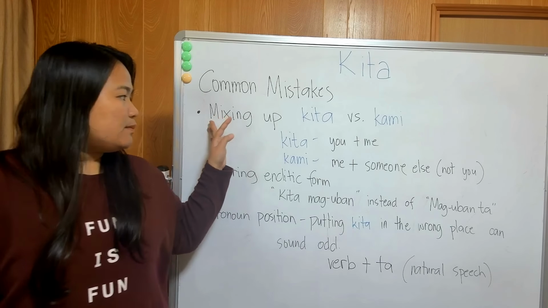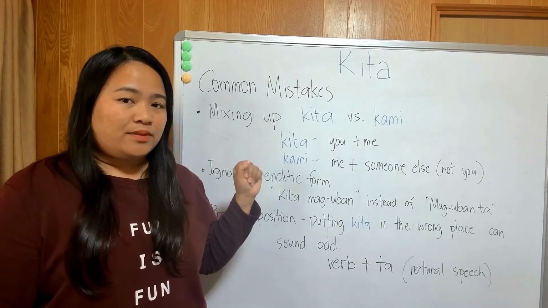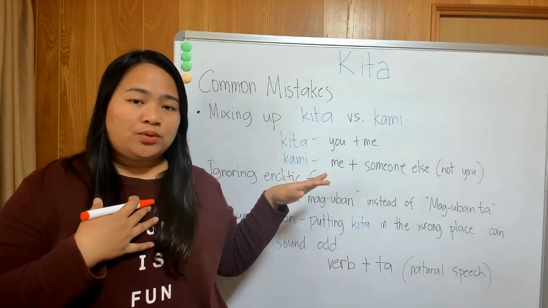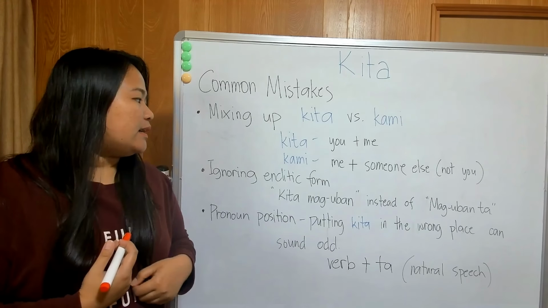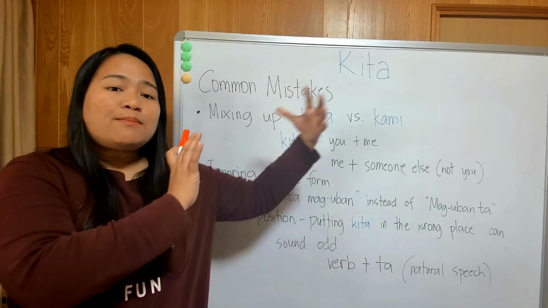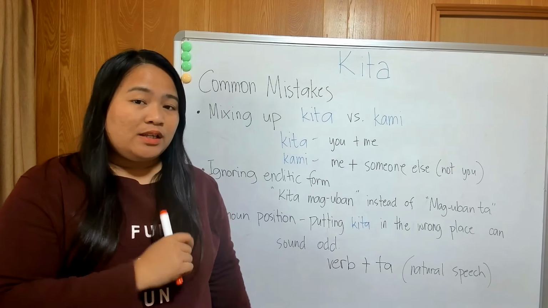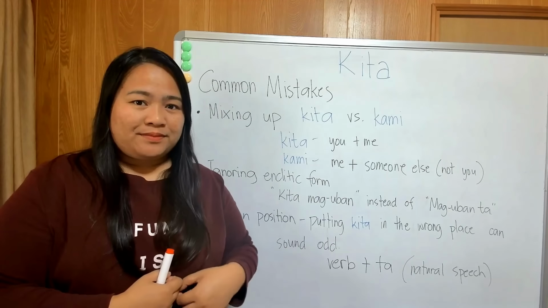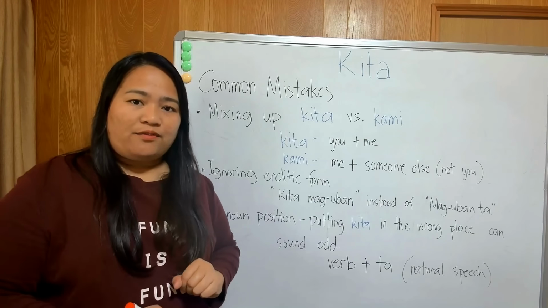Now let's have common mistakes. First is mixing up kita versus kami. Remember, kita means you and me. When you say kami, it's me and someone else, not you. So kita, kami. And ignoring the enclitic form.